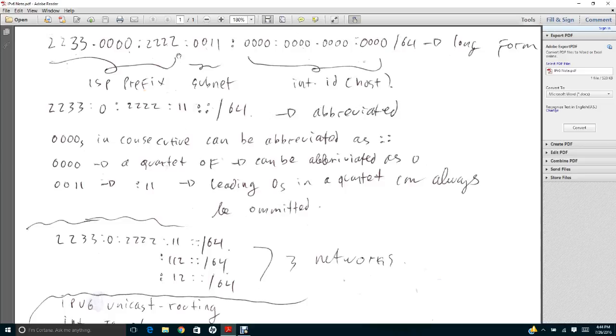That means this is a 64-bit network. Okay. Remember, IP version 6 is 128 bits. So this network portion is 64 bits and the host is also 64 bits.